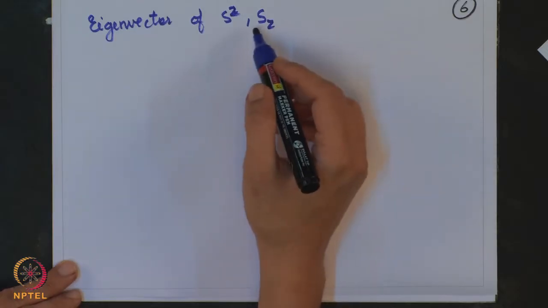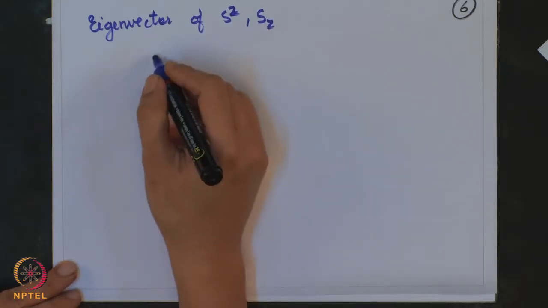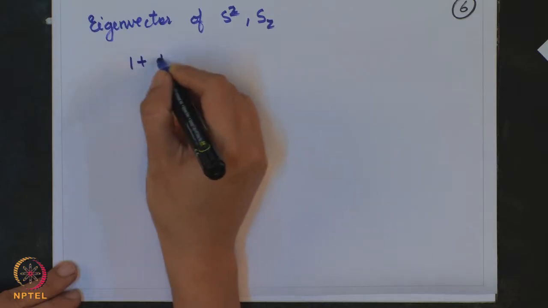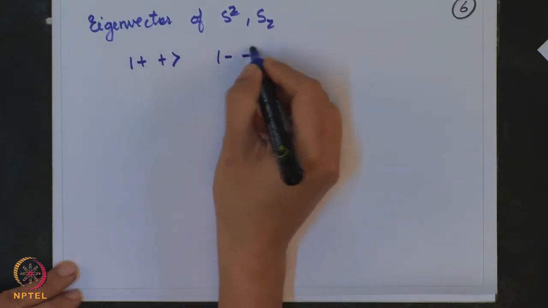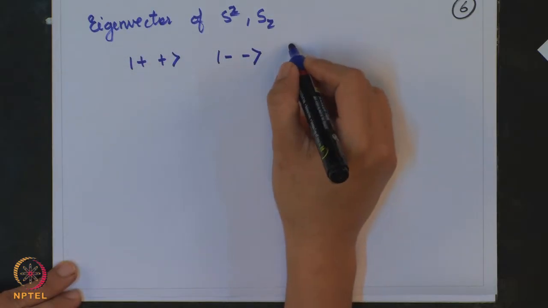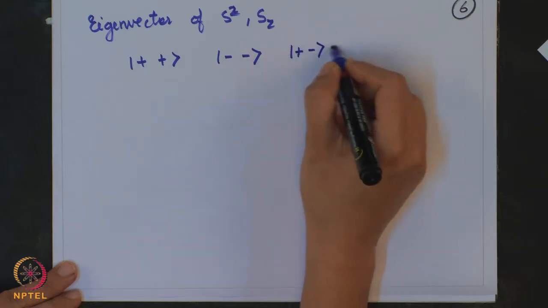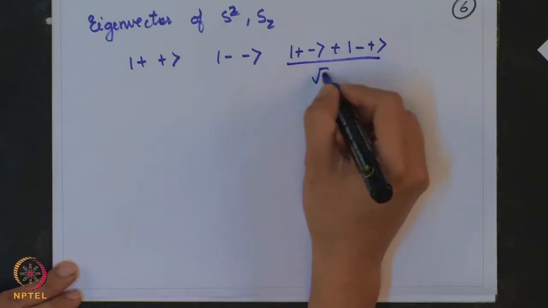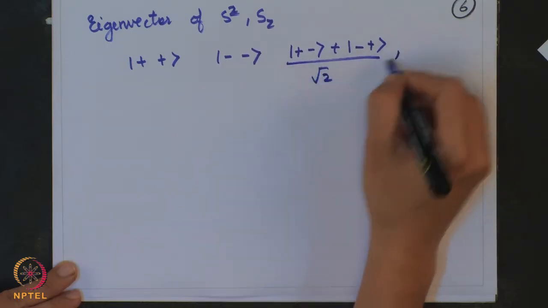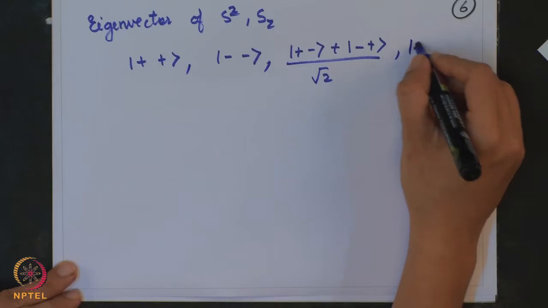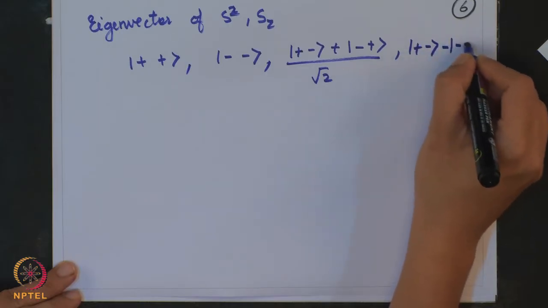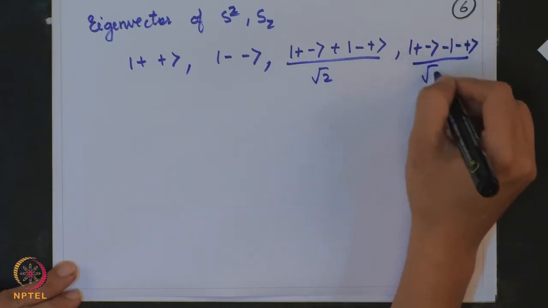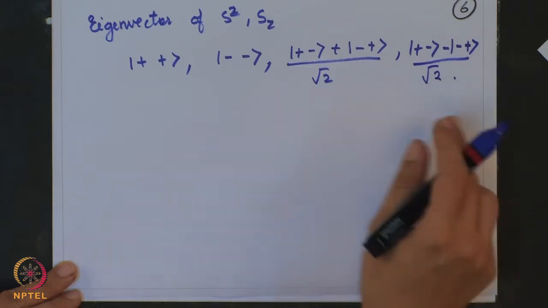So, eigen vectors of S square and Sz would be plus plus, minus minus, and plus minus plus minus plus with a normalization factor of half, and plus minus minus minus plus with a normalization factor of root 2, not half.